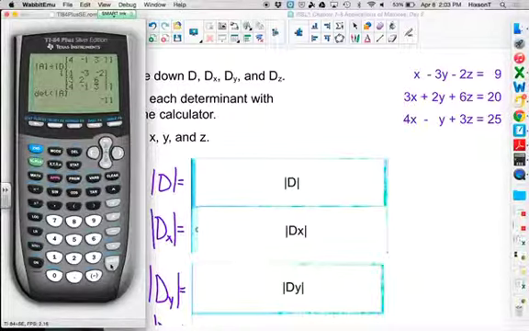If you do A store B, it'll overwrite whatever's in B.